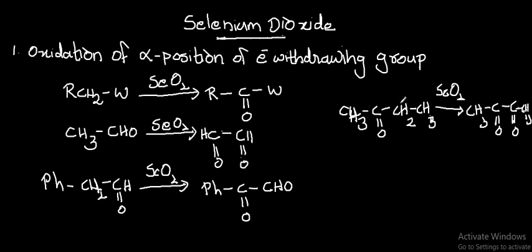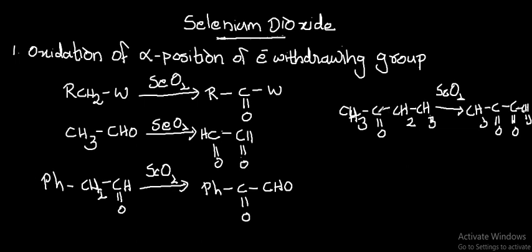Here, this carbon is an alpha carbon and this carbon is also an alpha carbon. So, which alpha carbon will be oxidized?